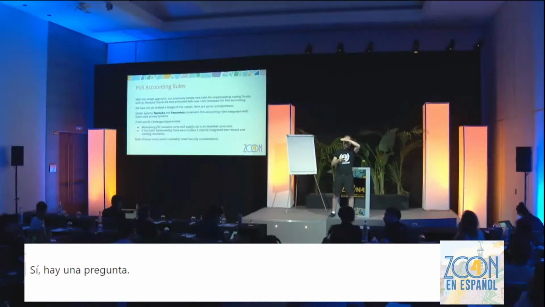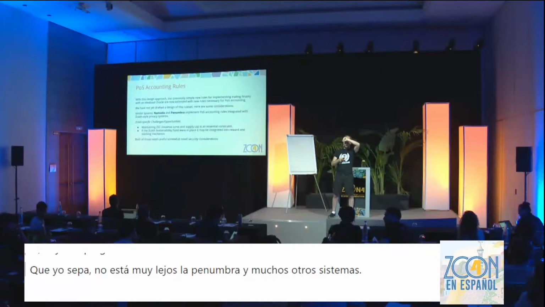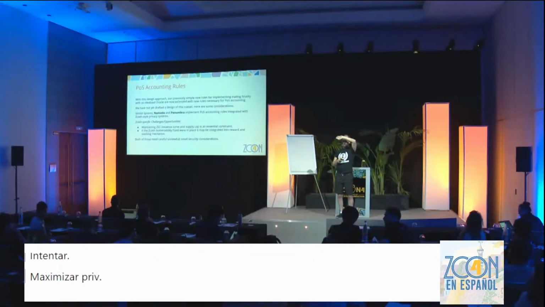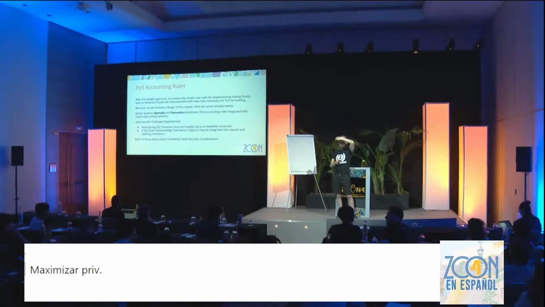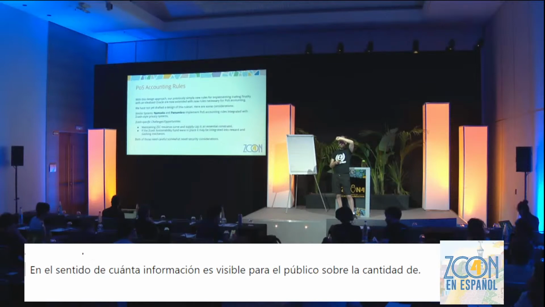As far as I know, which is not very far, Penumbra and a lot of other systems try to maximize privacy in the sense of how much information is visible to the public about the amount of stake and the behavior of the so-called validators, which in your system are called finalizers.